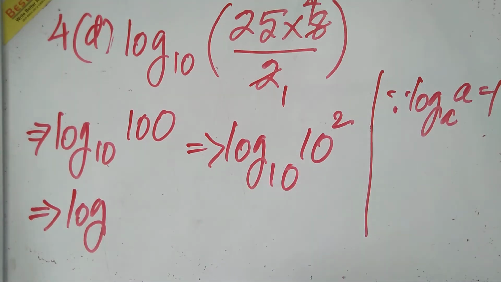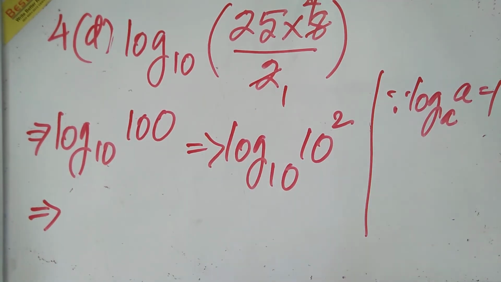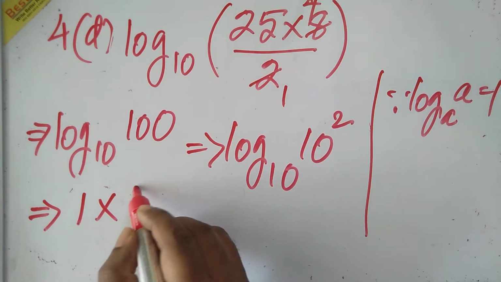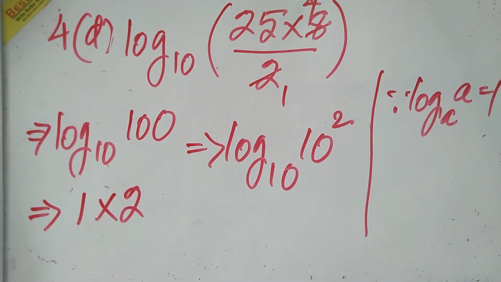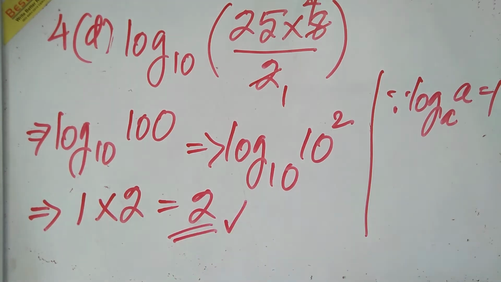Okay, actually we will not write log, we'll just write the value 1, and 1 into 2, right? 1 into 2, that is equal to 2. And so this is the answer for this question.